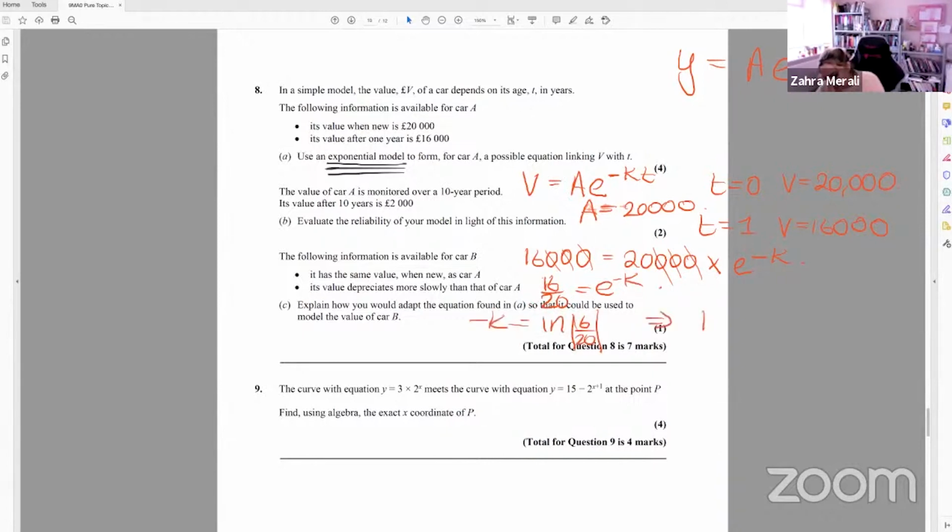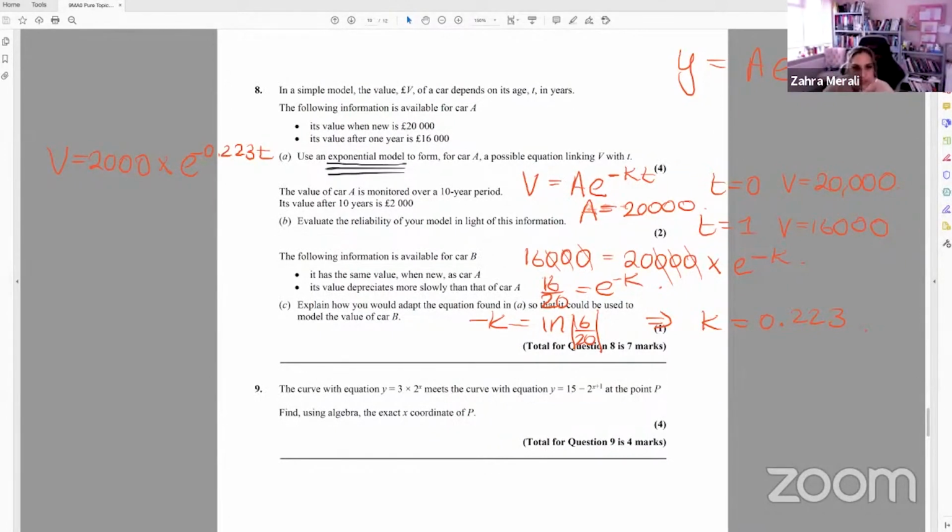And you plug that all into your calculator and you end up with k is 0.223. So our final model will be v equals 20,000 times by e to the minus 0.223 t.